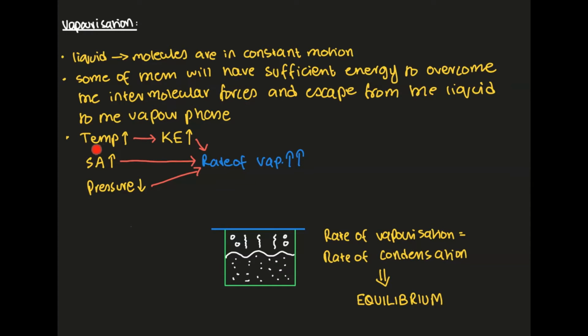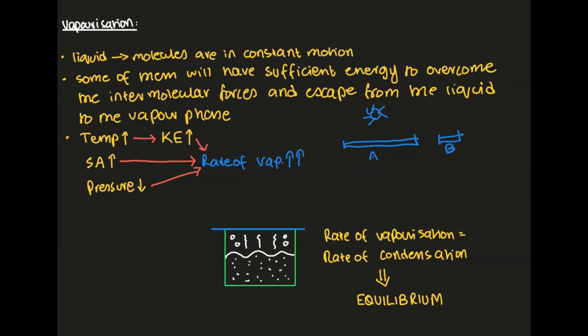Now let's talk about the surface area. If there's more surface area in a liquid, for example, if you have container A and container B, as you can see, in container A there's more surface area, and in container B there's less surface area. If you keep these out in the sun, container A is going to have a greater rate of vaporization because it has a greater surface area.